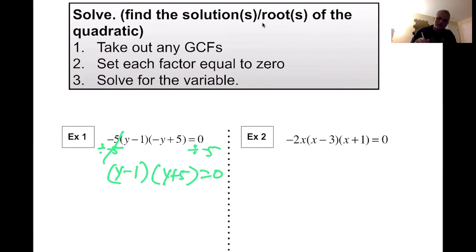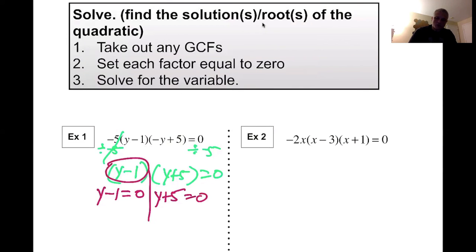Kind of like what we did in Unit 2, maybe a little of Unit 1 when we solve for absolute value. Okay, we are going to take each of these factors and split them. So y minus 1 could equal 0, and y plus 5 could equal 0.